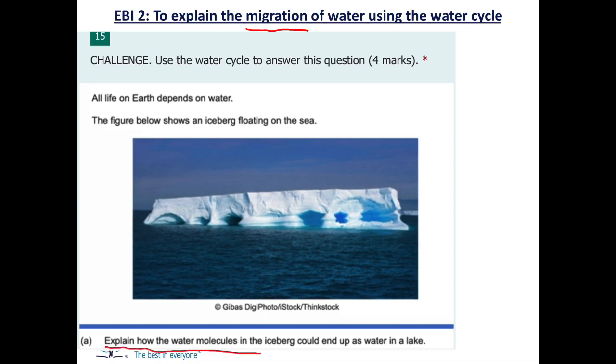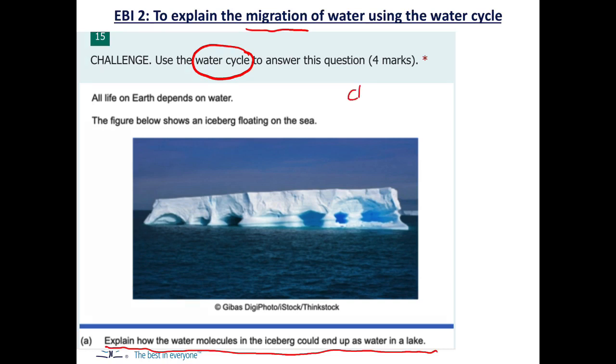The main question is telling us to explain how the water molecules in the iceberg could end up as water in a lake. So when considering this question, you should have in your mind the water cycle, which we looked at in the previous EBI point.